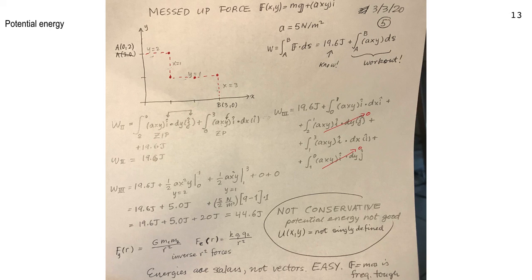But F equals ma is frequently tough because it's vectors. Energy is easy sometimes, most of the time, because it's scalar equations. By the way, the equations for energy, most of you, do engineers have to study Lagrange equations?